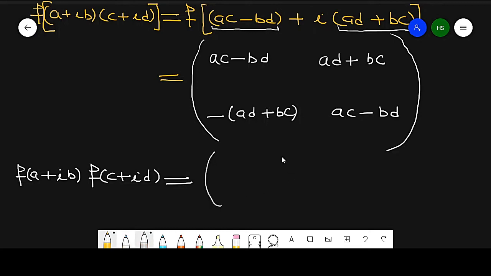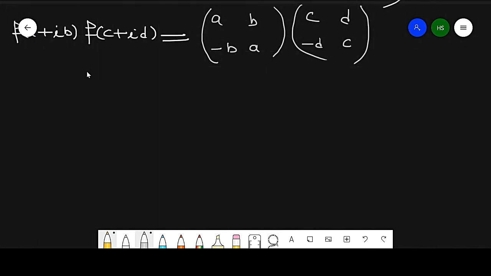This value is the matrix (A, B; -B, A) and here (C, D; -D, C). Now multiply these values.